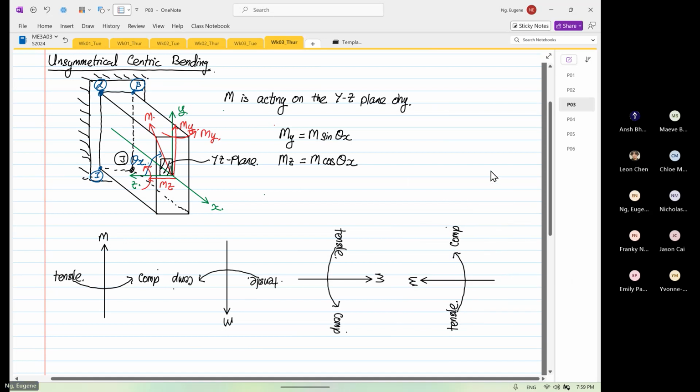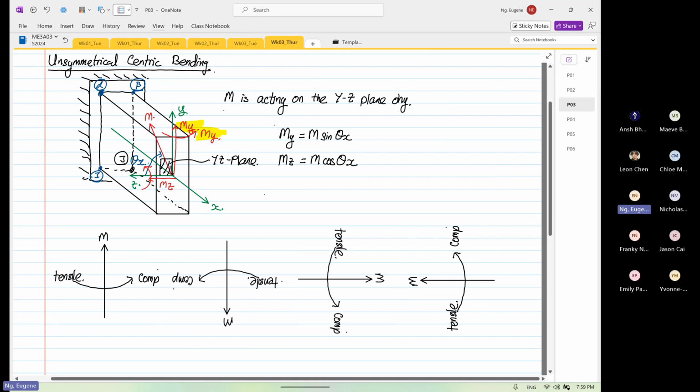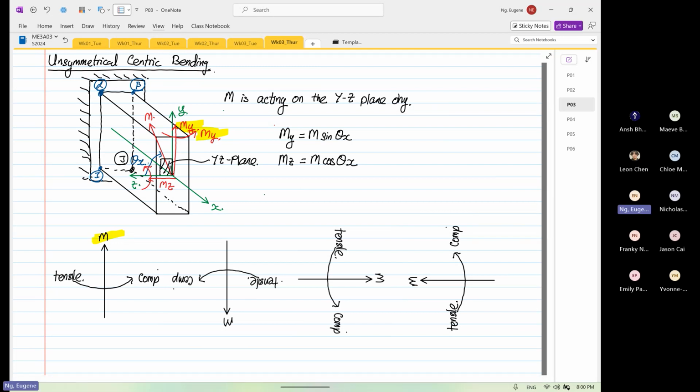So now if you were to look at Y, which corresponds to this, and then if you look at Z, Z corresponds to this. Right?